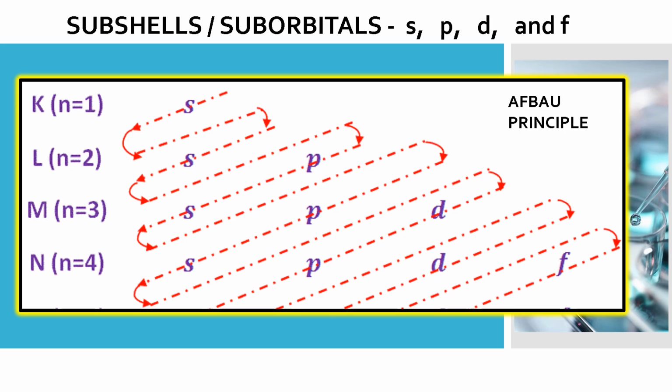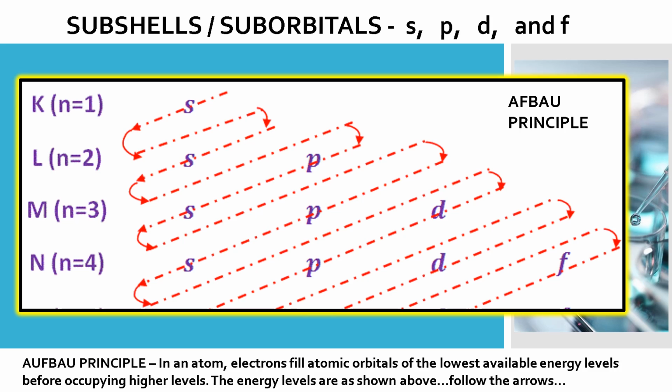So according to that, first S of the K shell, then S of L, then P of L, follow that red dotted line, then S of M, after that P of M, then it is not D of M, it comes to S of N because S of N has got a lower energy level than D of M. So S of N followed by D of M and so on.